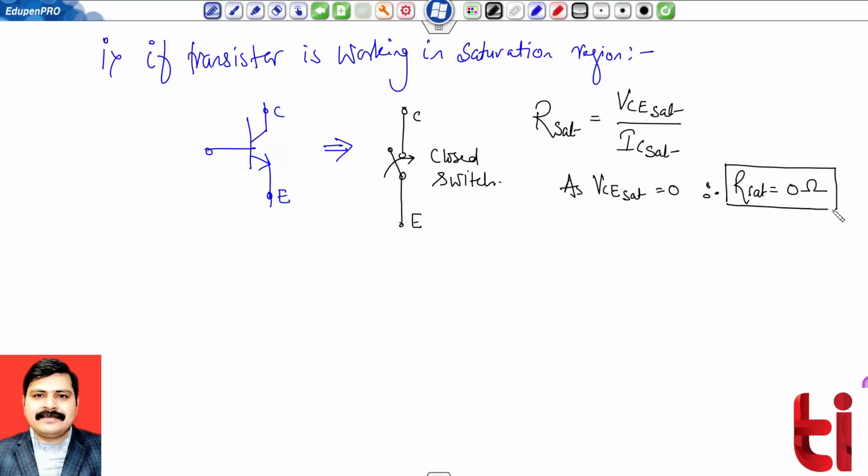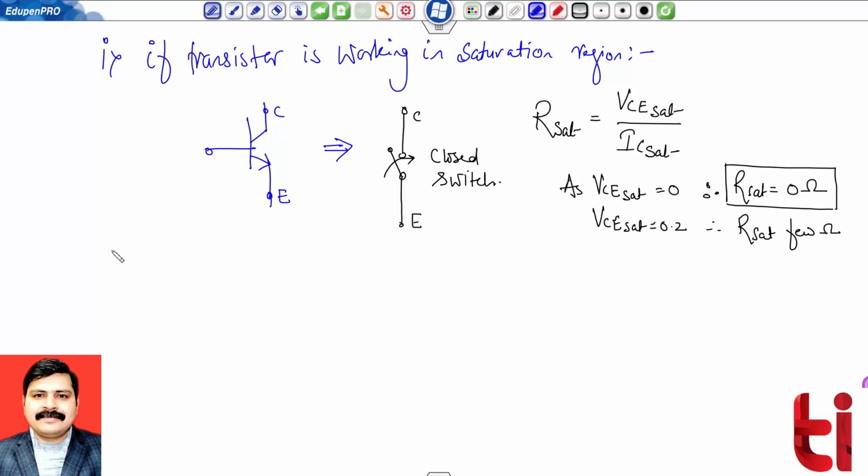And this is the proof that through the short circuit the value of resistance is 0. So this is the hypothetical, ideal case. Practically, if VCE sat equals 0.2 volt, the value of saturation resistance will be a few ohm, and that can be neglected.